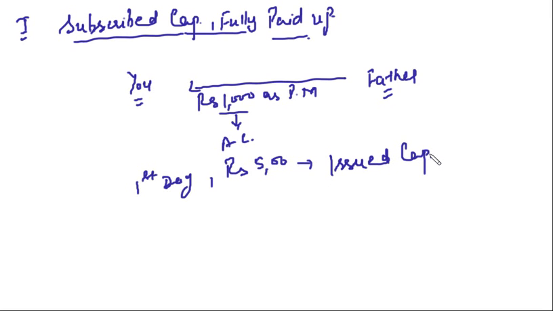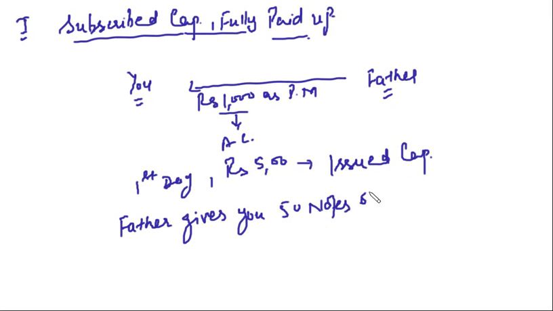You tell your father to issue you 50 notes of rupees 10 each, and you will issue 50 receipts. This is your issued capital. Now what happens? Your father gives you 50 notes of rupees 10 each.